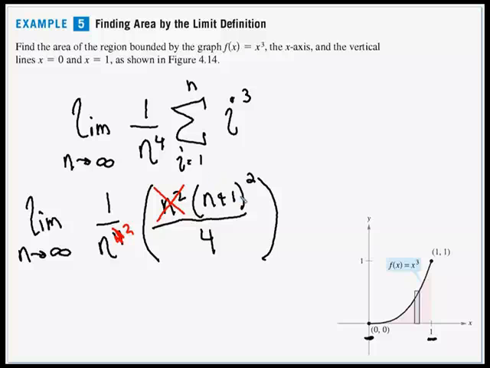And if we FOIL out what we have here in the parentheses, we're going to have a 1 over n squared. And I guess we could have pulled the 4 out there with it too, in the bottom. Pull that denominator 4 out, and then we have this quantity, n plus 1 squared. So that's n squared plus 2n plus 1.